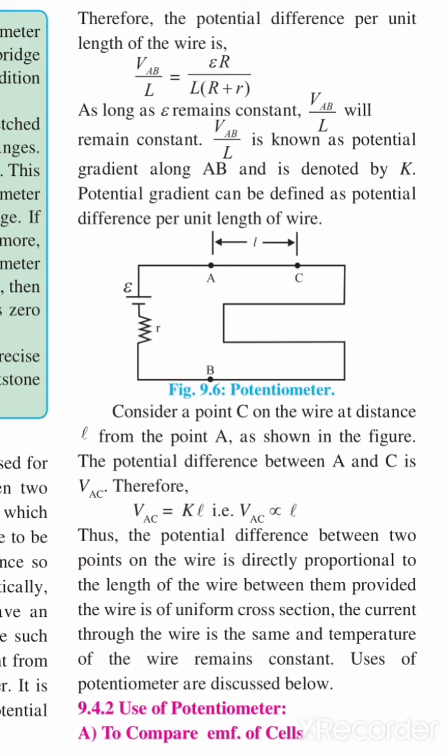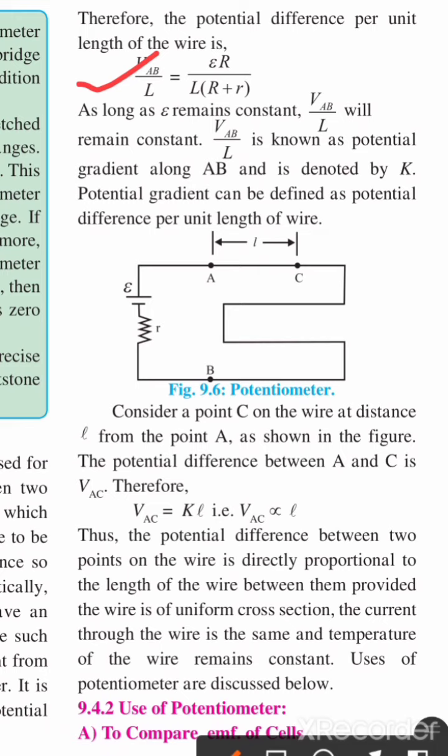Therefore, the potential difference per unit length of the wire is V_AB upon L, which is equal to ER upon L into (R plus r).